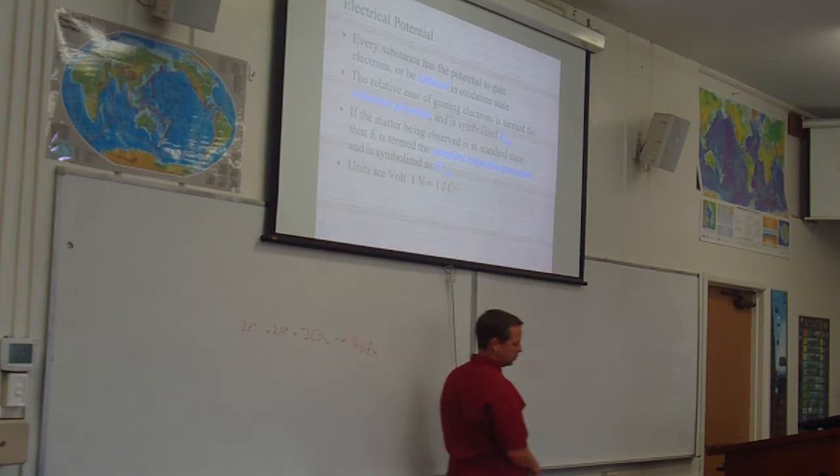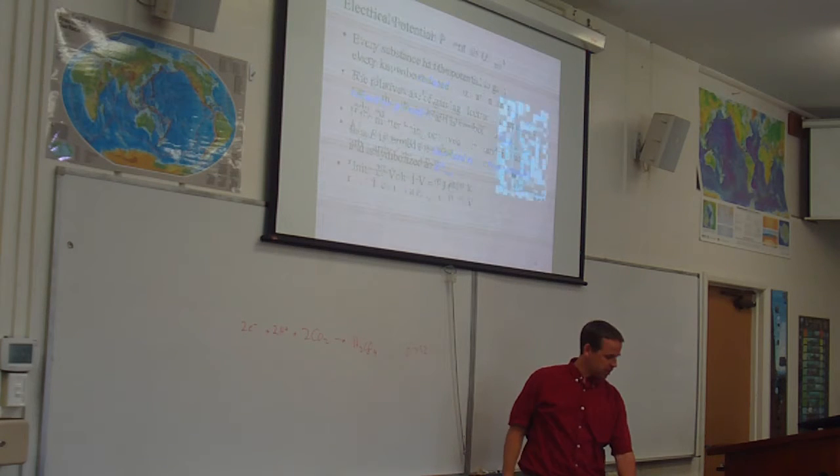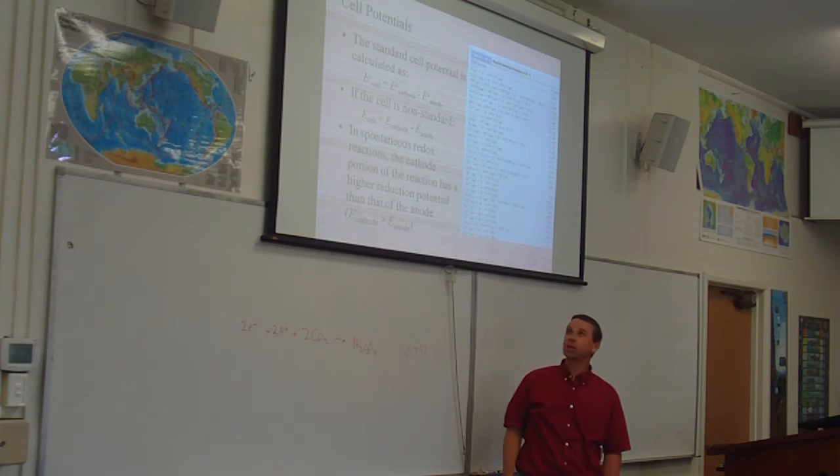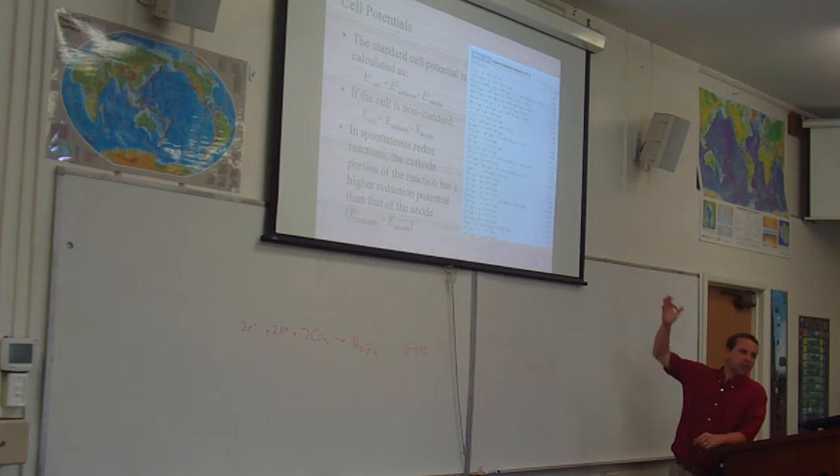And then associated with that is going to be some sort of a voltage, or the energy associated with that process. Okay? So let's look at this table of reductive half reactions. Can you see that okay? A little small, but all of them are reductive half reactions. No oxidations there. But you can pick a couple of them and determine how much voltage you would get if you made a battery out of it.